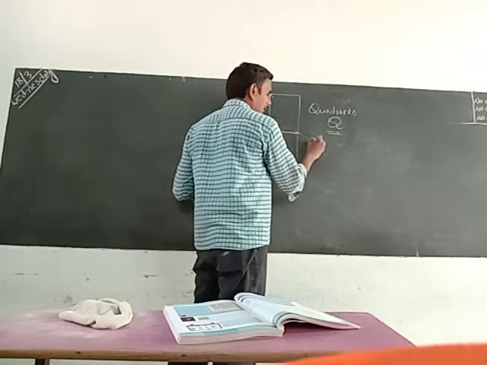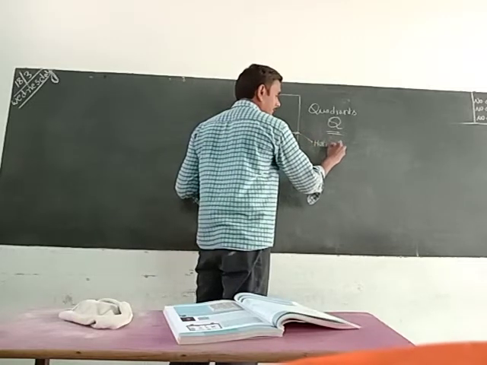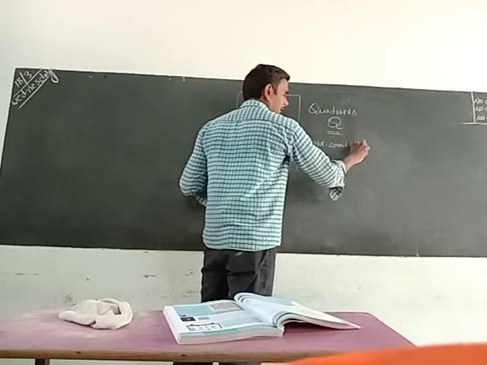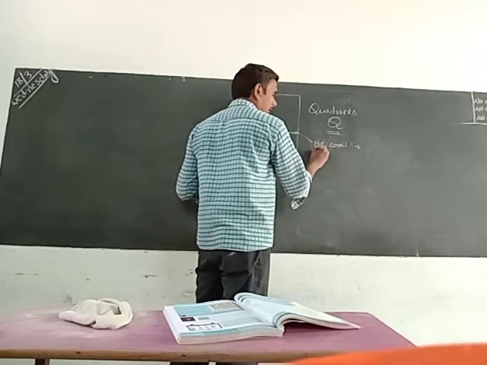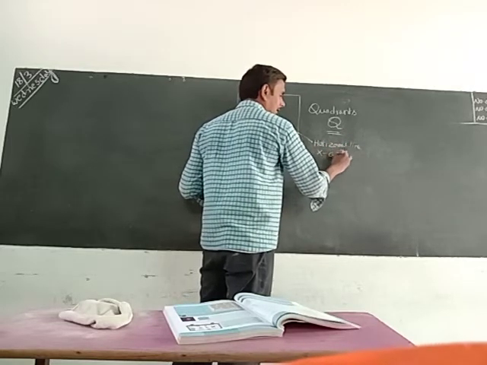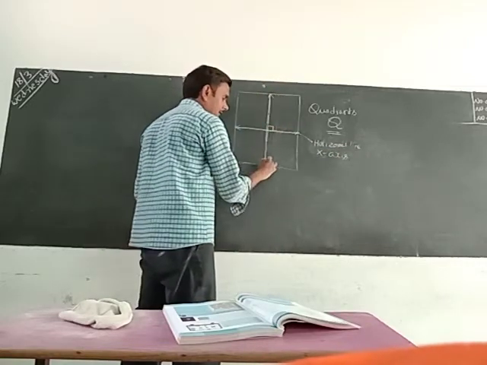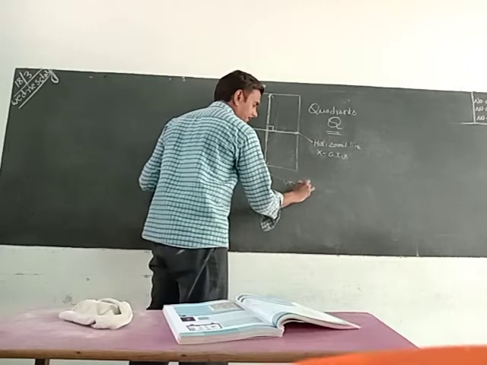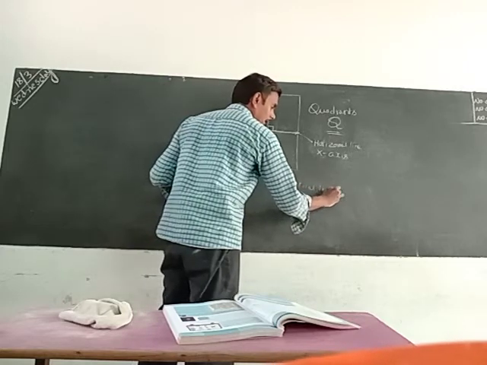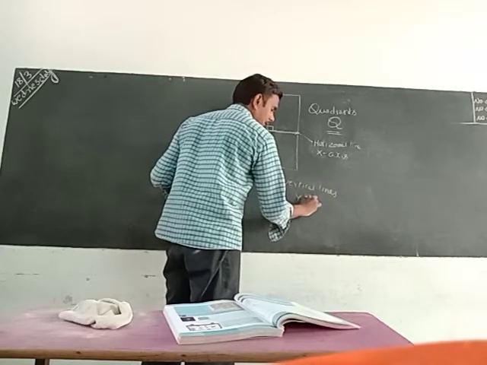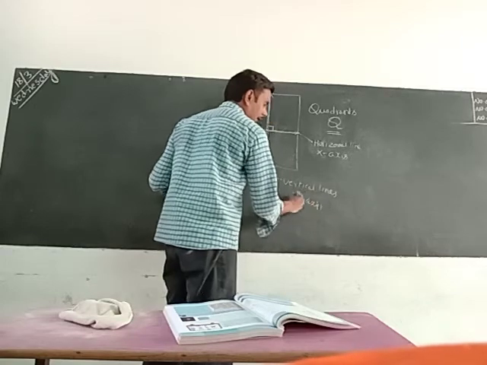The horizontal line is called the x-axis. This is the vertical line. The vertical line is called the y-axis.